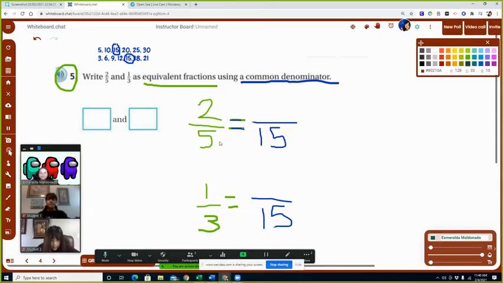So now when I find the equivalent fraction, I'm going to multiply 5 times a number that will equal 15, because I want it to equal 15. And that same number, I will multiply to the numerator. So 5 times what number equals 15?